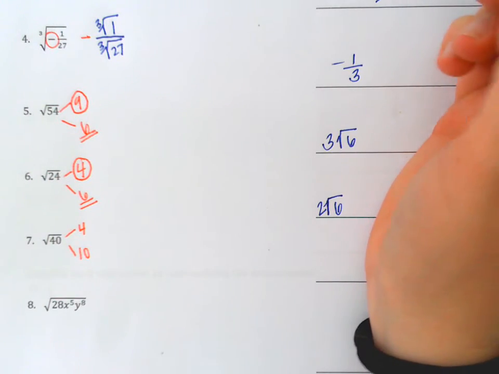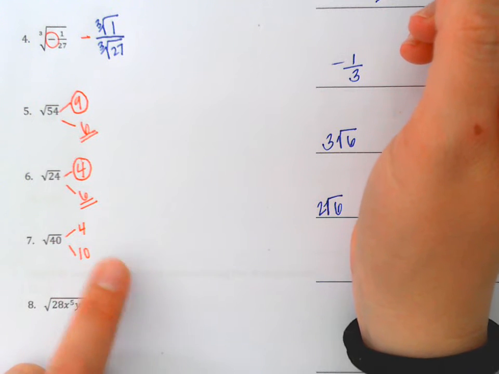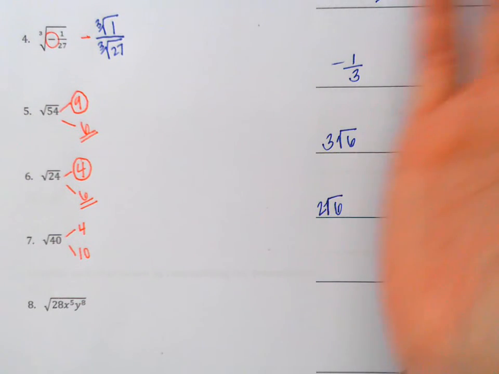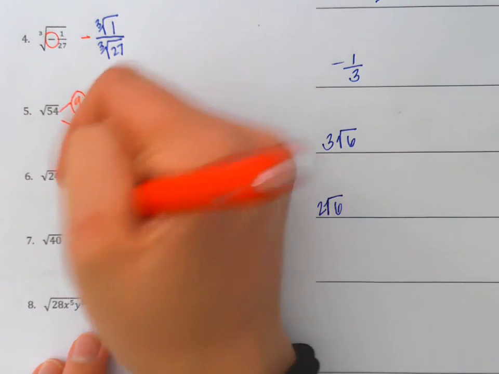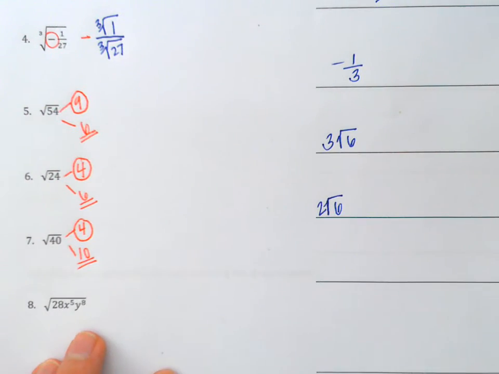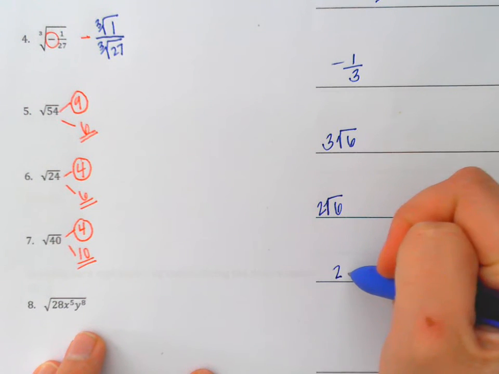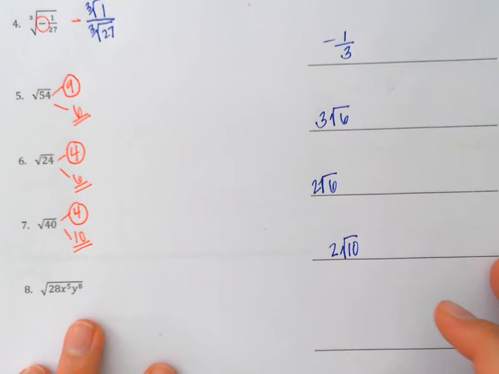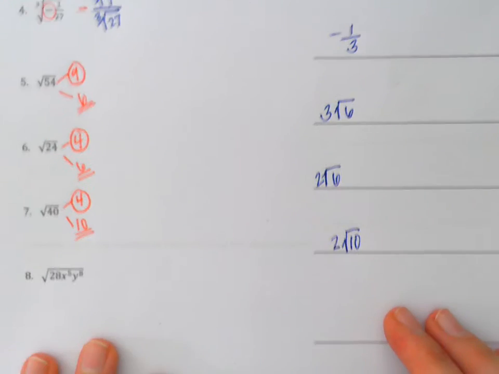And 10 I can break up to be 5 and 2, but I can't break that up any further. There isn't a pair that I can take out there. So we just look at the 4. 10 is going to stay inside the square root. So the square root of 4 is 2, and then the 10 stays inside the square root. And that is my final answer.